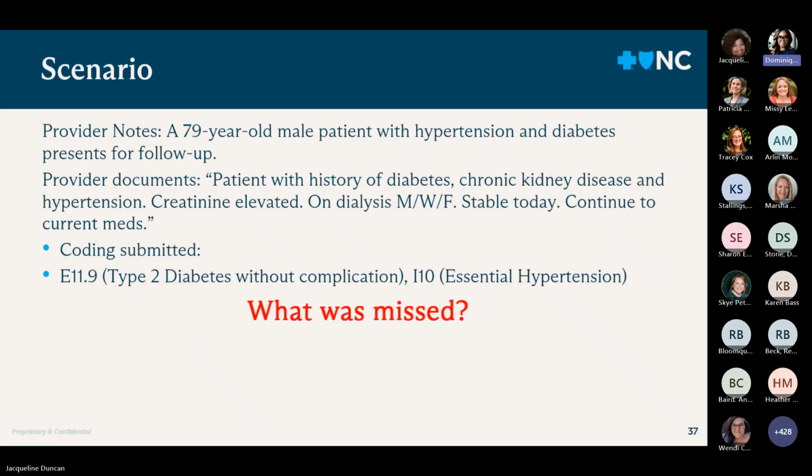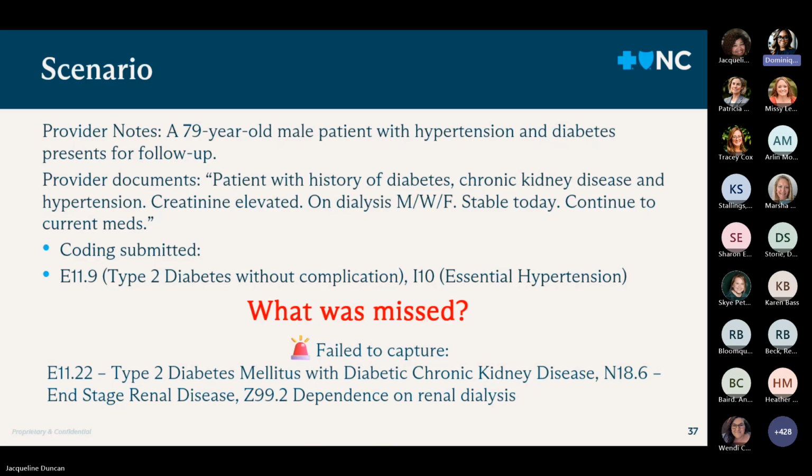But the documentation does not specify staging of CKD or ESRD. The coder assigns E11.9 type 2 diabetes mellitus without complication and I10 essential hypertension. What was missed? Please put your answers in the chat.